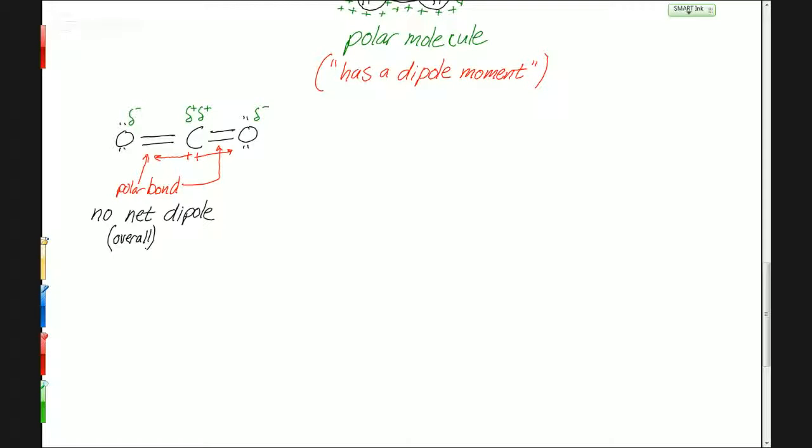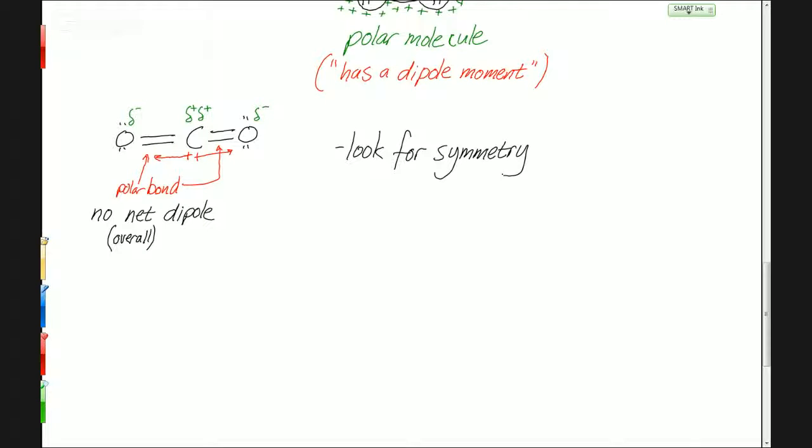And so there's no overall dipole. And the key to finding this in a molecule is to look for that symmetry. A highly symmetric molecule is going to have all its individual polar bonds cancel each other out. And so if we look at the whole thing, it's going to end up being 0. And that's what we see here. You've got the same thing going on both sides. They cancel each other out.